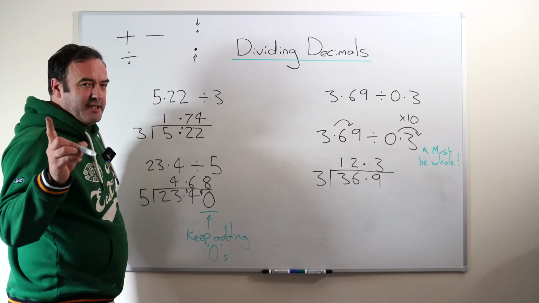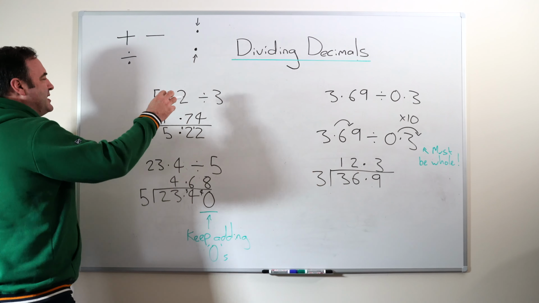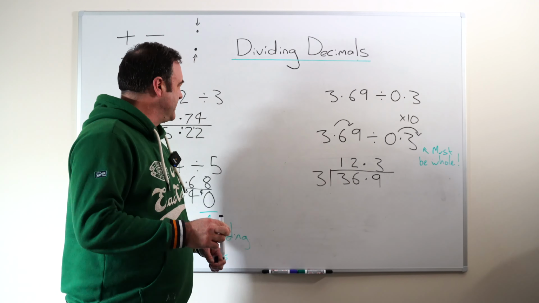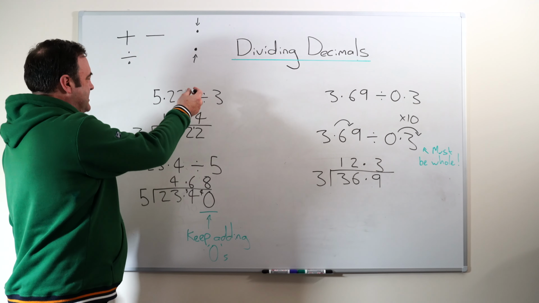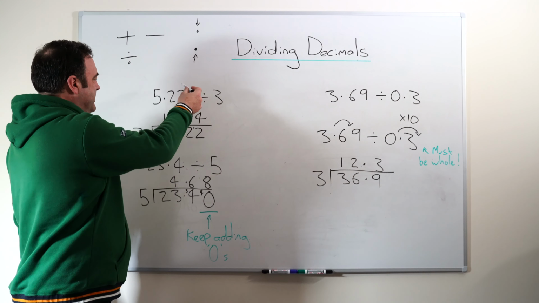One thing I do hear children say is "5.22" as if it were five twenty-two, and that's not strictly correct, because that infers that we're dealing with tens and units. This is 5.22. We've got 2 tenths and 2 hundredths. So the number on the right, 5.22 divided by 3, is the number that we put outside the bus stop. I always tell kids, number on the right goes outside in the cold.